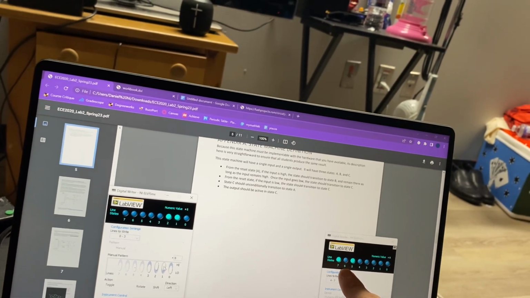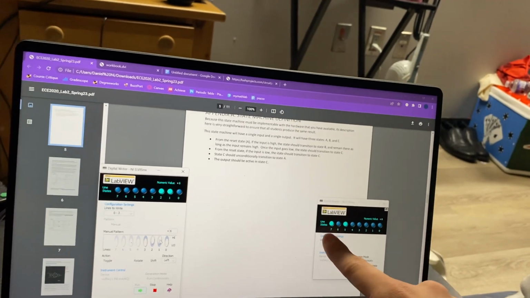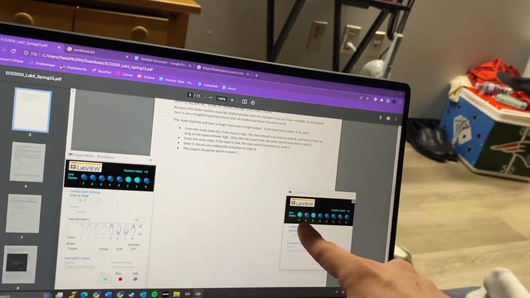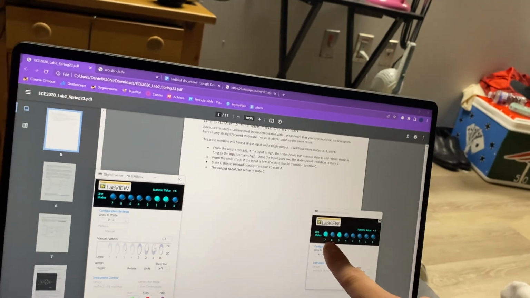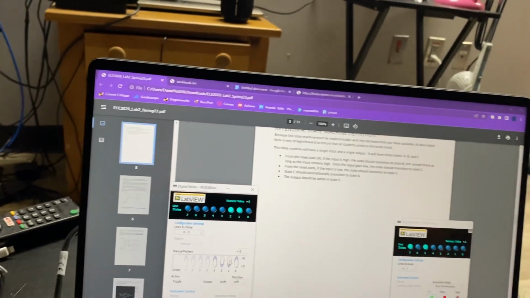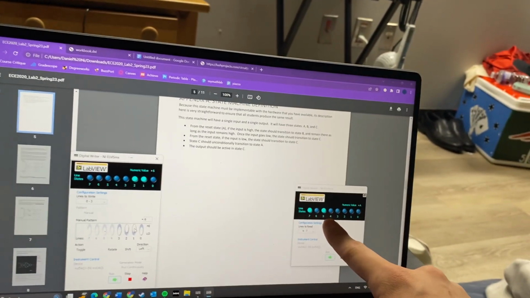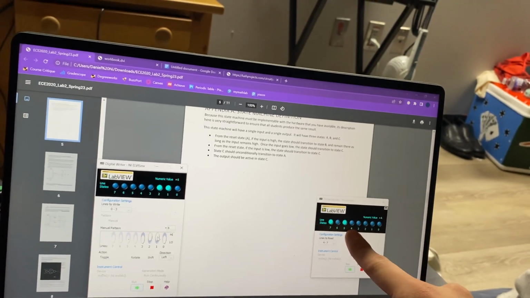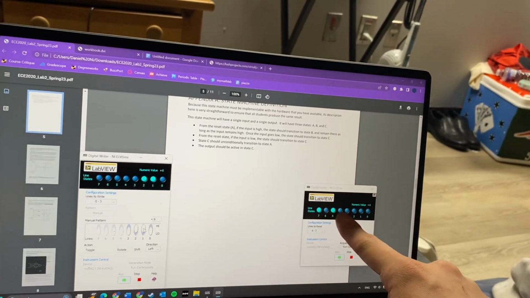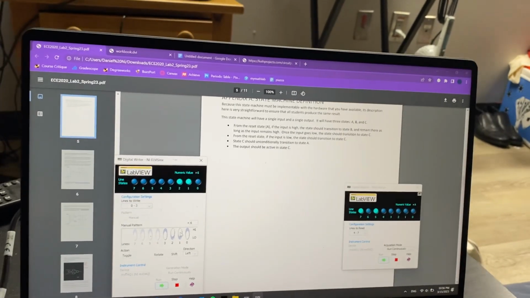So 6 is Q0, so not low and high, we see that result would be active. And same here, since 5 is Q0 bar and not Q1 bar, this would be active, so that would result in active. So we see that checks out.